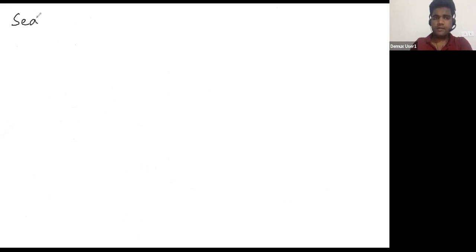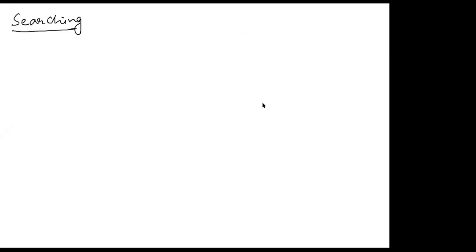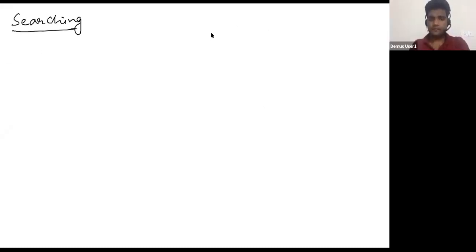So let's start with searching. What is searching? Can anyone tell me? Just searching for an element in a sequence, like in an array. Find a particular element. Okay, I will formalize that more.